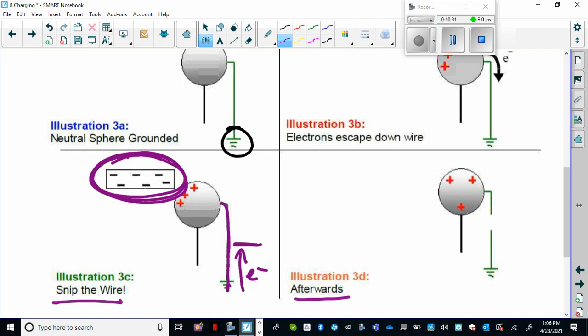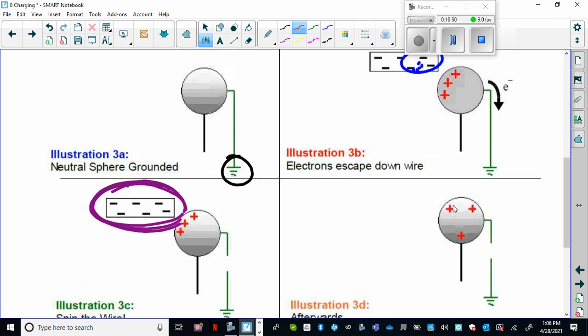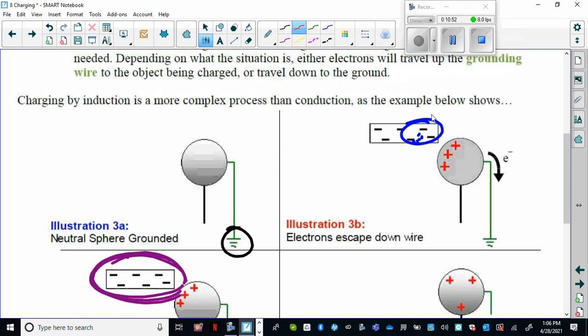They'll just go right back up into there and say, oh, we're home again and we're happy. So you must snip the wire first. Snip, and then remove the object. And then, what's happened here? The final object has gained a positive charge, even though we held a negatively charged rod next to the sphere.